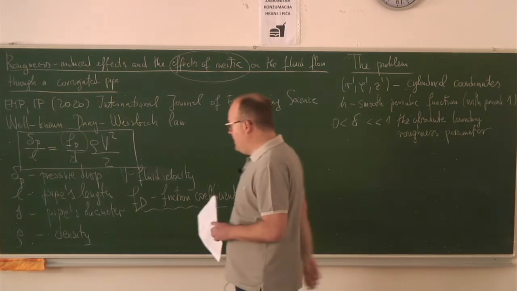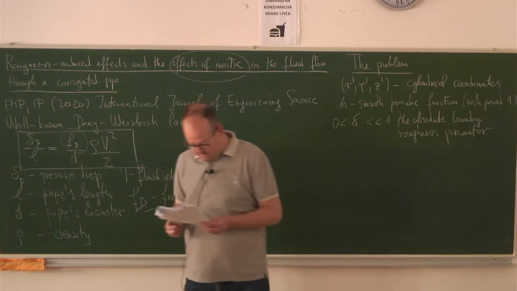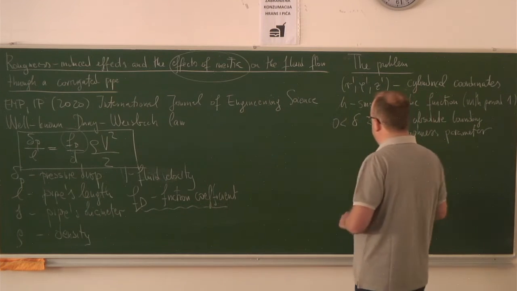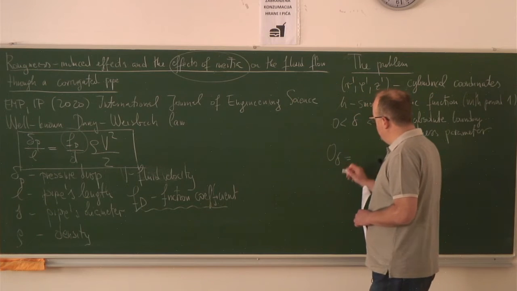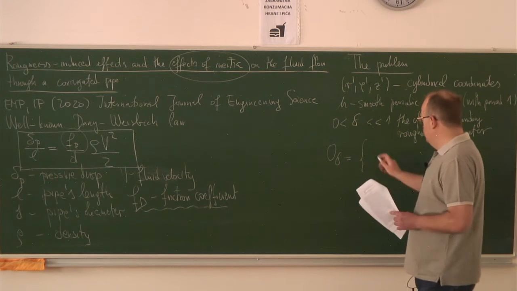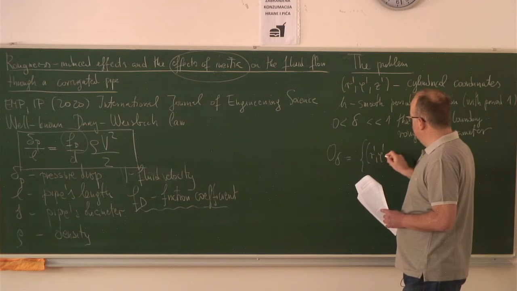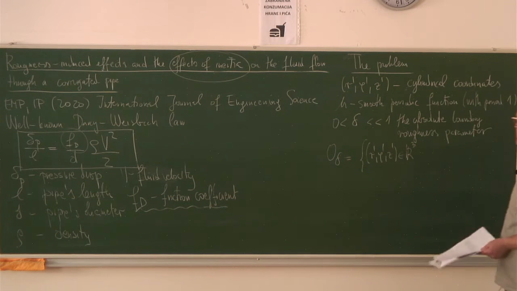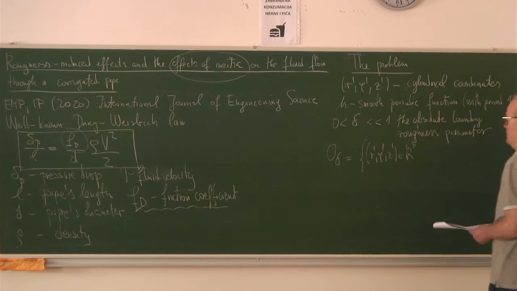The length of the pipe is denoted by this symbol, and our flow domain is defined as following. So in cylindrical coordinates, we consider a three-dimensional realistic setting.